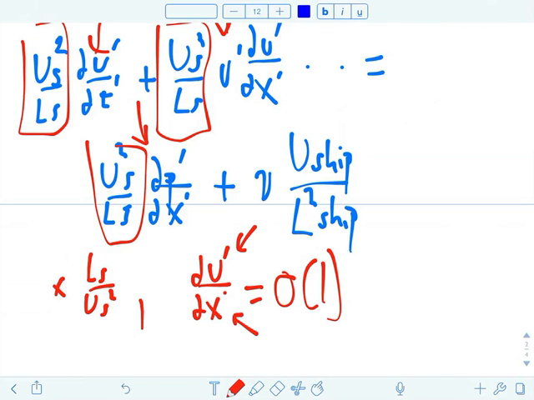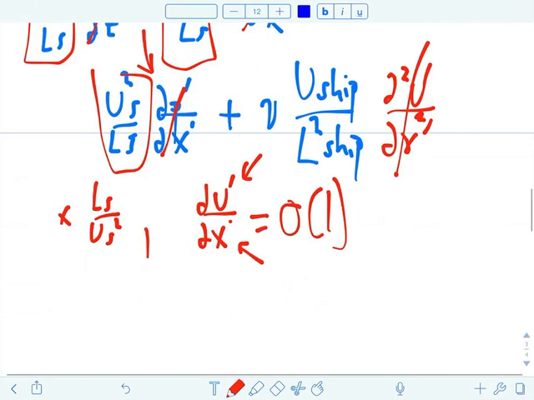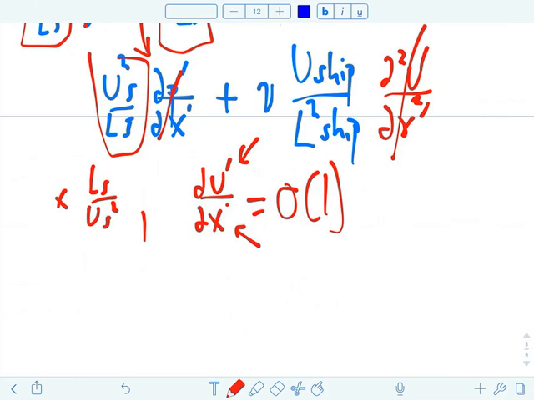So they will all be order 1. So this is order 1, order 1, order 1, and I left out my second derivative right here, partial squared U prime, partial X prime squared, also order 1. Now I multiply through by L_S over U_S squared.